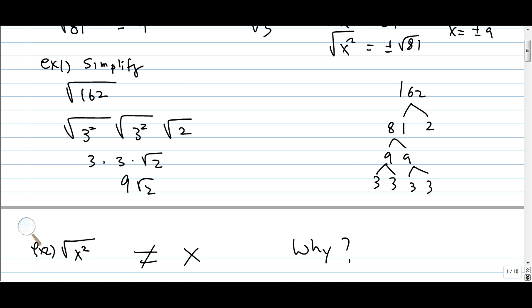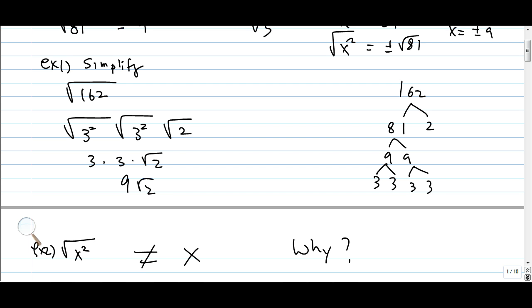A lot of you may have thought that square root of x squared is x, but now that we're involving some variables, this is not true every time. So how do we show that something is not true? We do a counterexample. Can somebody give me a counterexample? It is really easy to show something is false. If you have a negative, how about negative 2?